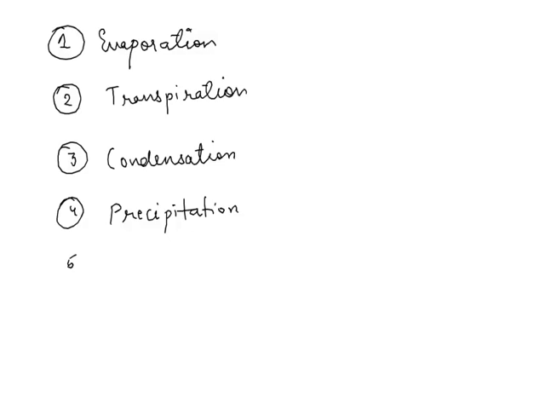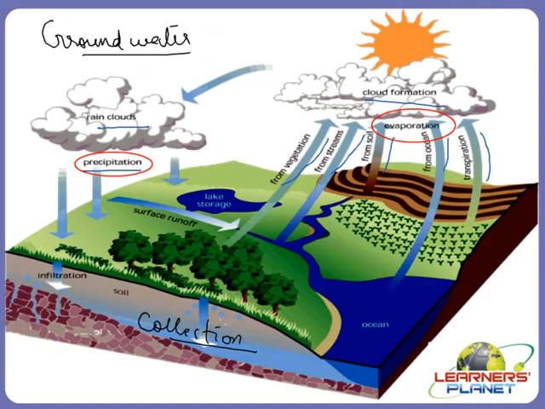And then comes collection, where some rainwater seeps into the ground forming groundwater. And rainwater also flows into streams and rivers and then finds its way into oceans and seas. So these are the processes which play a very important role in the water cycle.